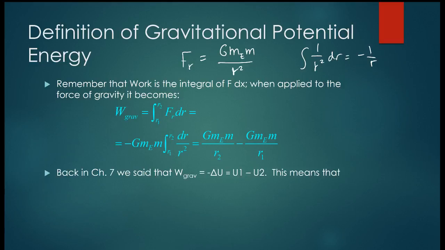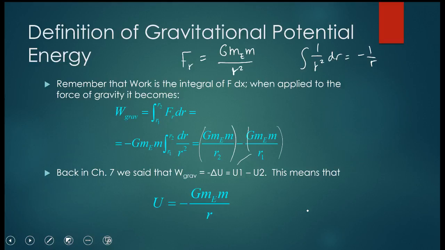And in chapter 7, we said that the work done by gravity is equal to the negative change in potential, which is U1, which is this guy, minus U2, which is this guy. So that means that potential energy between two particles with mass can be defined as negative G, mass of the Earth, mass of the particle, over r.